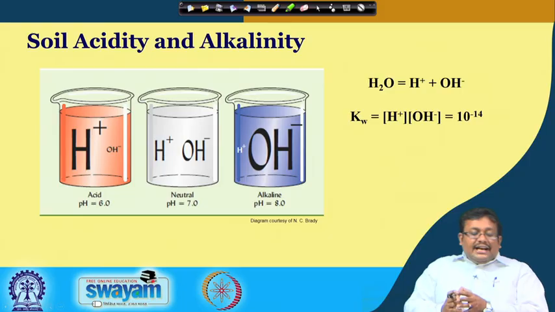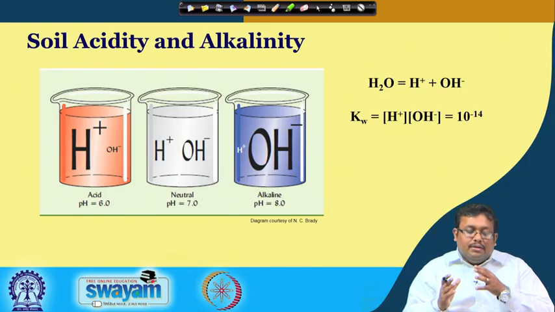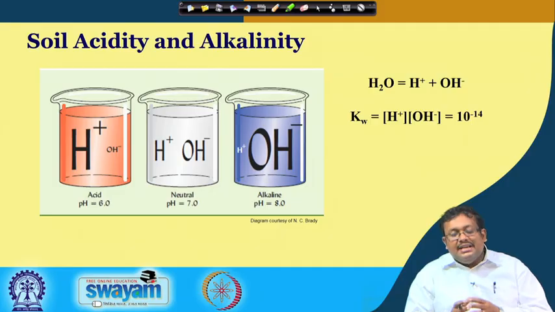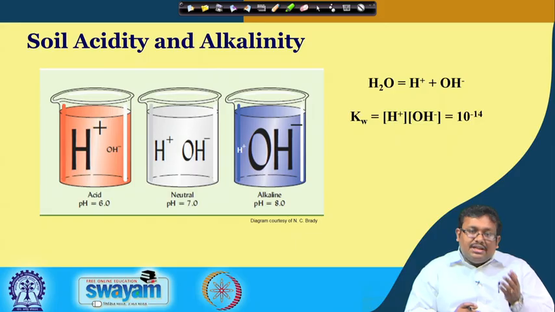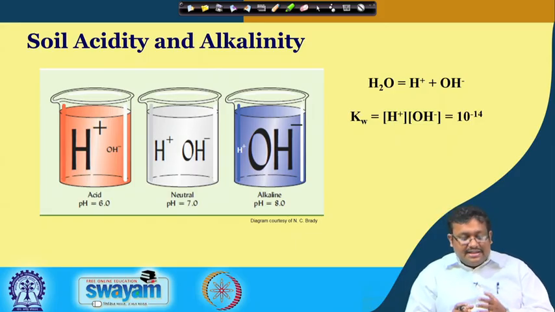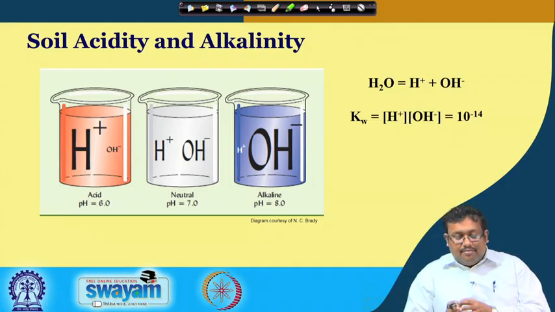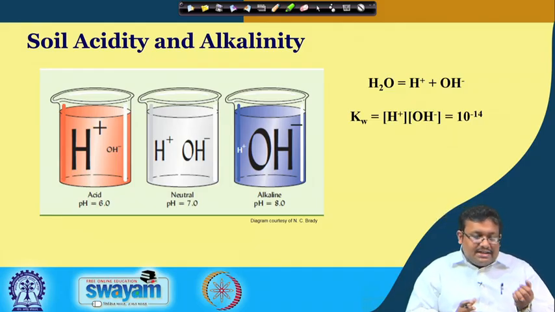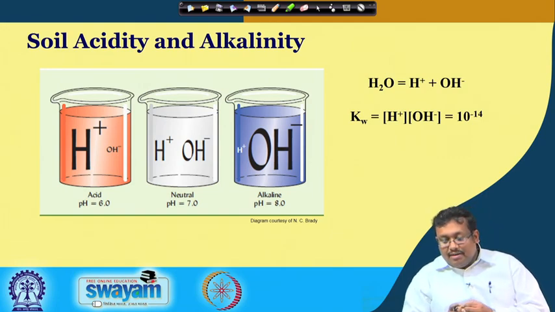Now, another important term is soil acidity and alkalinity. You know that it is measured through pH, and pH is basically the negative logarithm of hydrogen ion concentration. A soil having a pH of 7 is neutral, whereas a soil with pH greater than 7 is termed alkaline, and when pH goes below 7, we call it acidic soil.